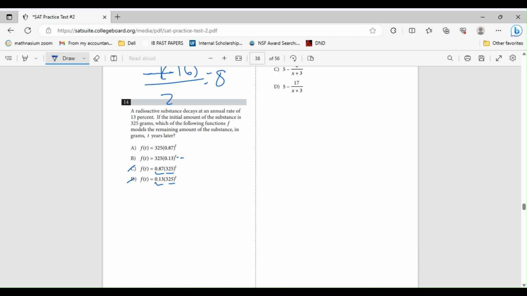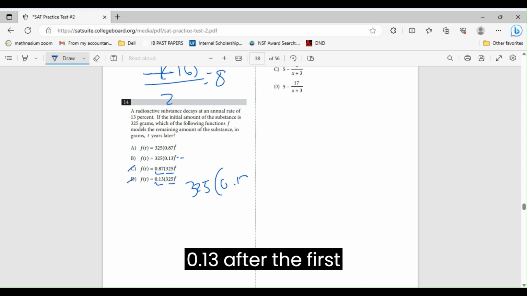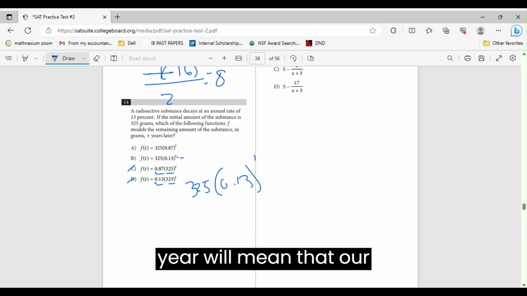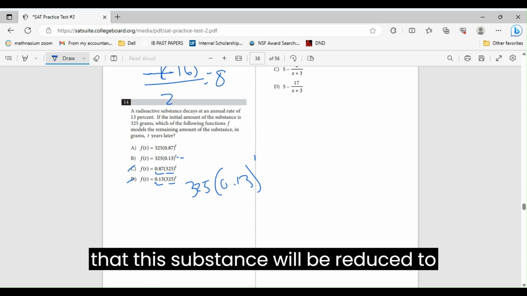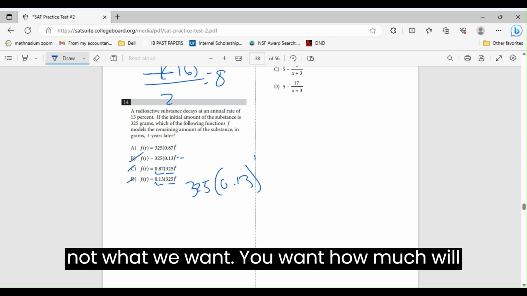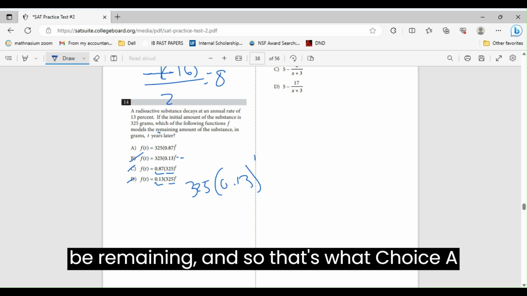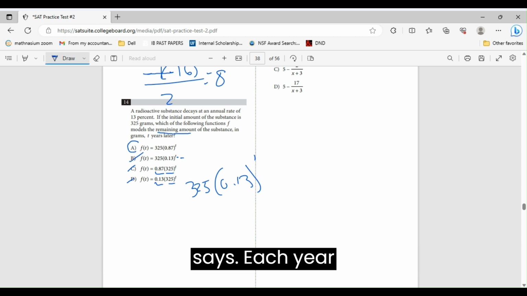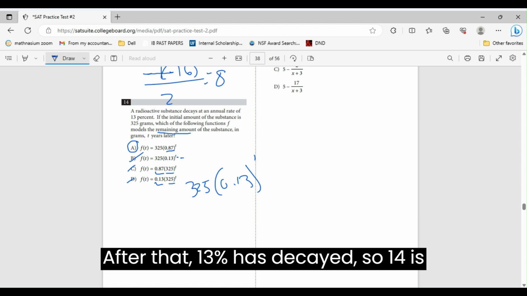So 325 times 0.13 after the first year will mean that this substance will be reduced to 13% of its original value. But that's not what we want. We want how much will be remaining. And so that's what choice A says. Each year, 87% will be remaining after that 13% has decayed. So 14 is A.